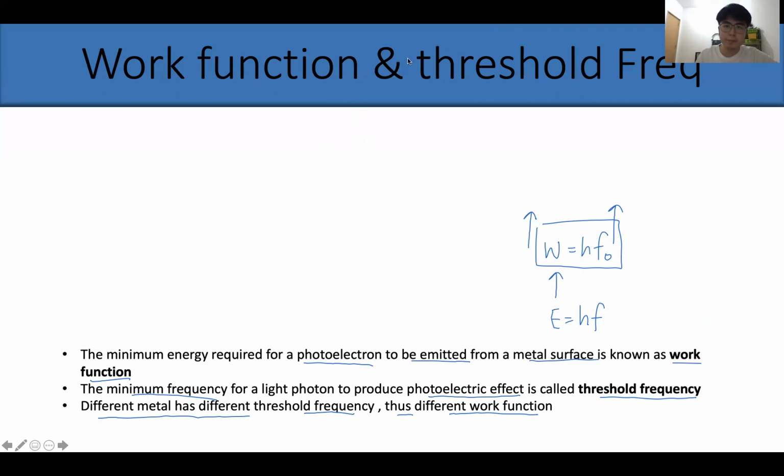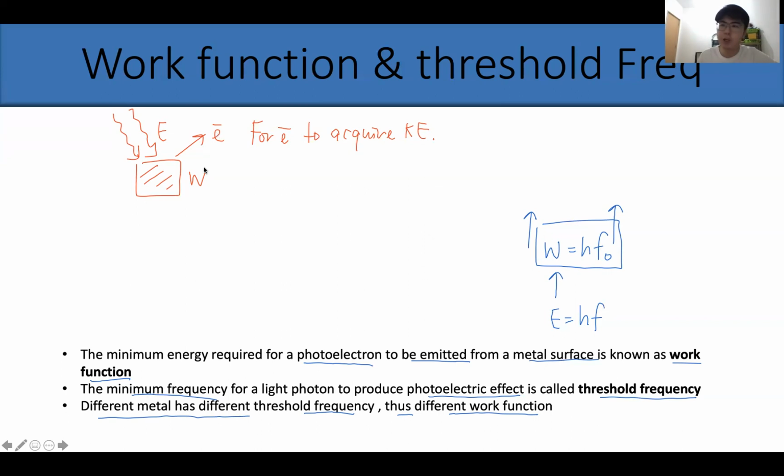One more thing: here, W, and then I supply it with energy. If there is a photoelectron being released, for the electron to acquire kinetic energy, what is the condition?